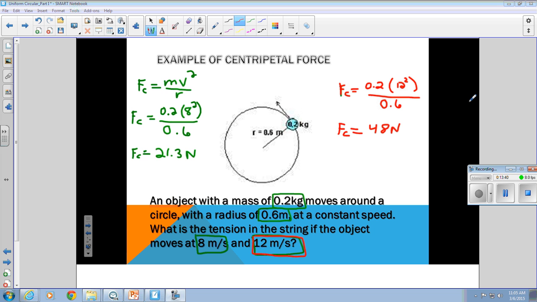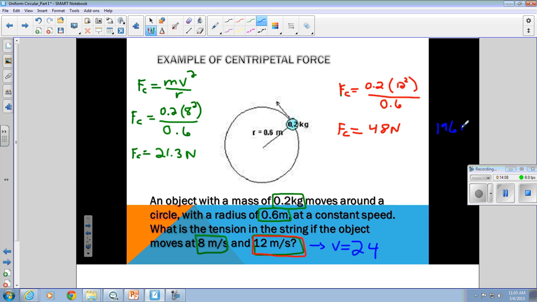So 48 times 4 would be 192. So if my velocity was instead 24, we're saying our force would quadruple to 196. Run the calculations, put 24 in here, 24 squared times 0.2 divided by 0.6, you're going to get 196 newtons.